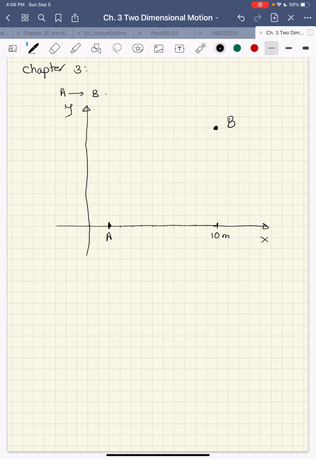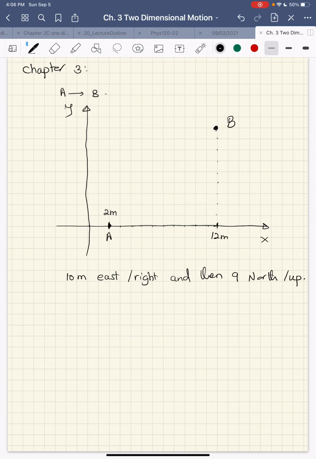Then I did move here, 1, 2, 3, 4, 5, 6, 7, 8, 9, 10. This is going to be 12 because I am away from here by 12, and that is really the 2 meters. Okay, and then what I can do is I can make 10 meters east or right, and then 9 meters north or up.